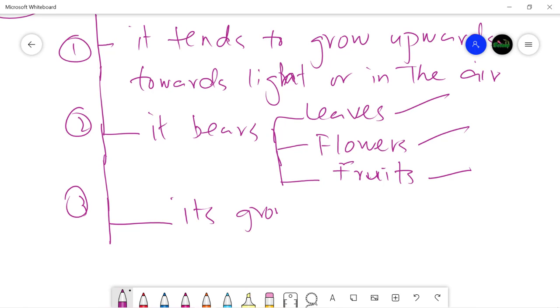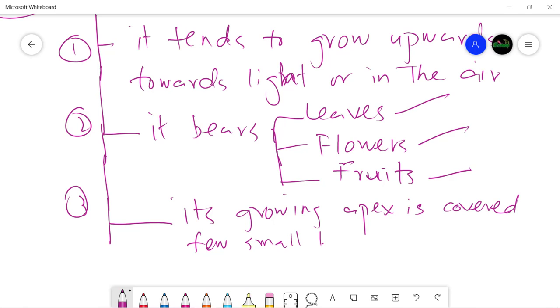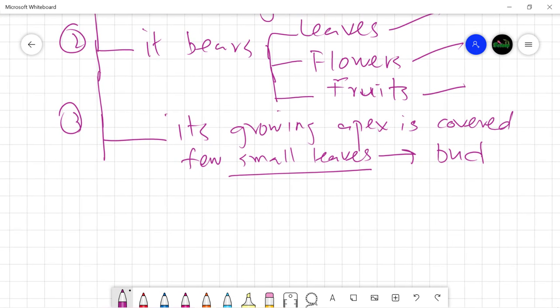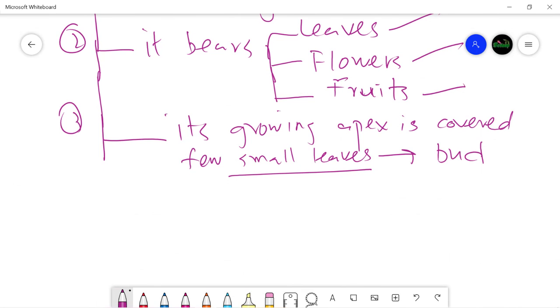Its growing apex is covered by few very small leaves, and those leaves collectively form the bud. So its growing apex is covered by tiny leaves, and those leaves actually are part of the bud, the apical bud.